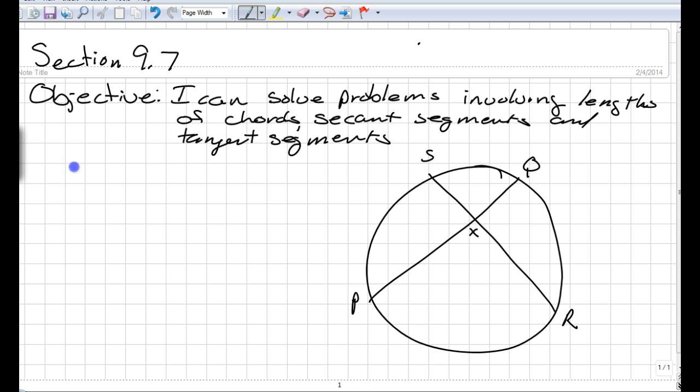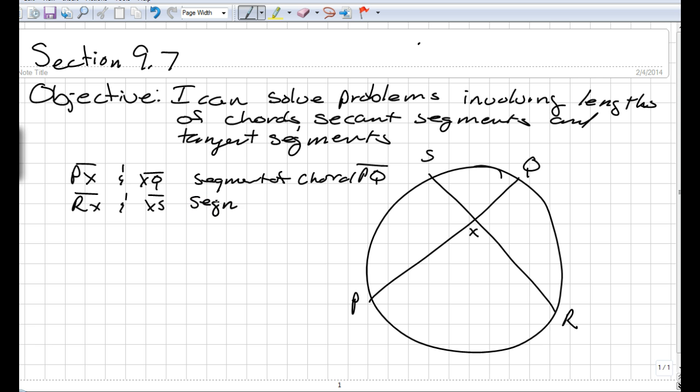And segment PX and segment XQ are segments of chord PQ. Okay, and RX and XS are segments of chord RS.